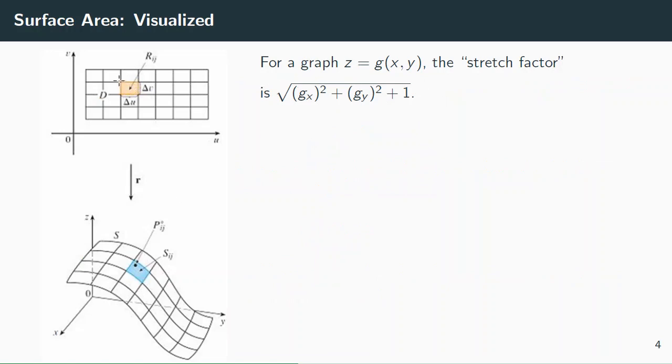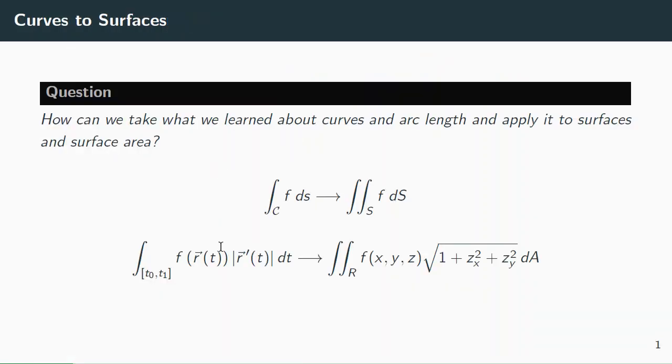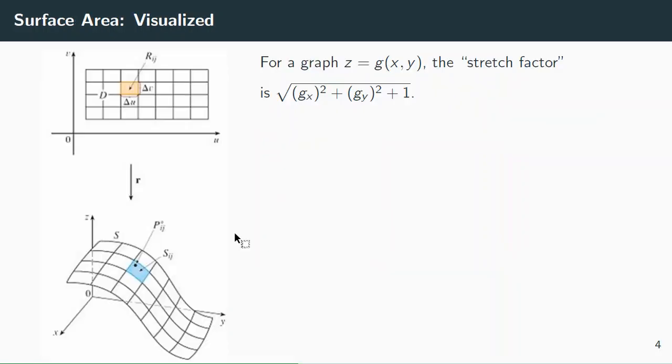And what's going on is if you have a little rectangular patch, that gets stretched into a patch of surface, and it turns out the x gets stretched by a certain amount, the y gets stretched by a certain amount, and the total stretch factor is the square root of 1 plus the x derivative squared plus the y derivative squared. And this should look very, very similar to this. When you did the magnitude here, it was the same, except it was 1 plus gx squared, basically. So it's that same concept, it's just for a surface.